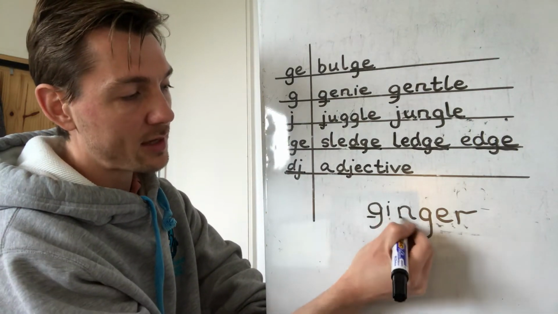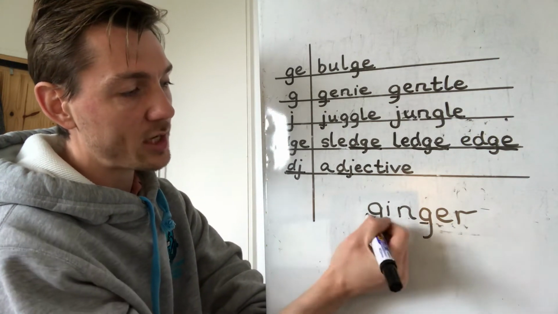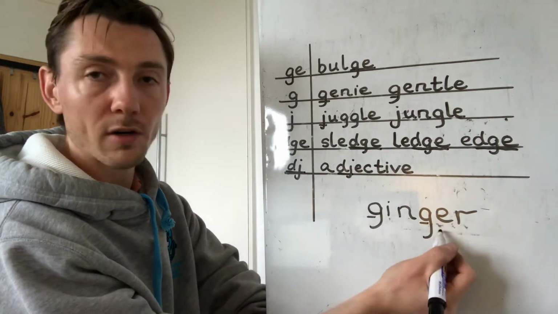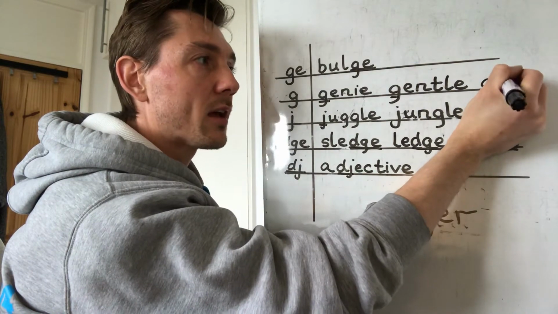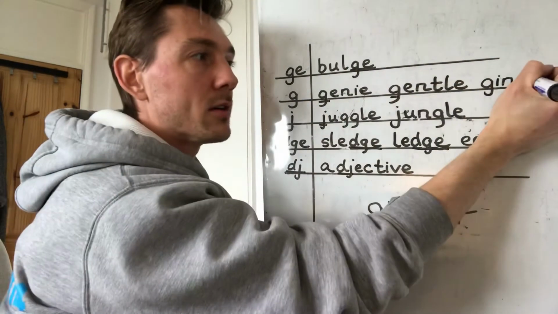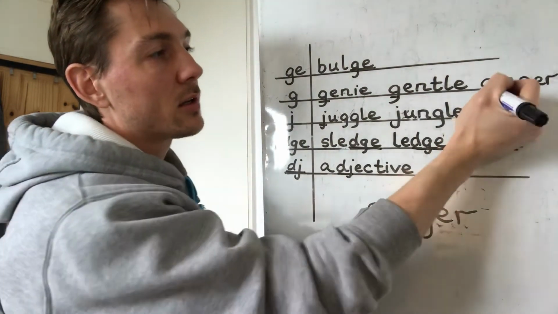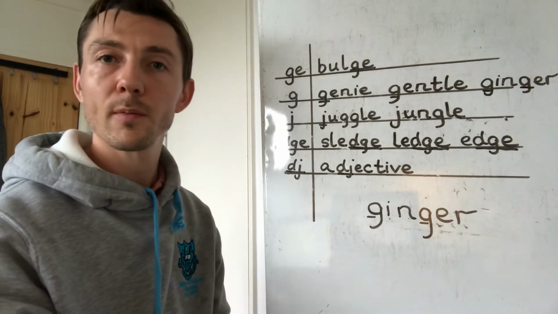J, i, n, gin, j, ginger. Okay, so we've got 2 of the same spelling of the j sound here. We say j, i, n, j, gin, j, ginger.